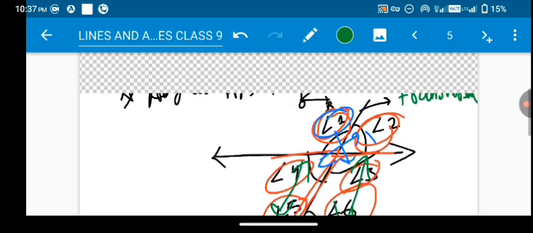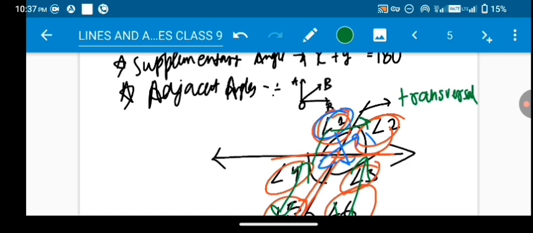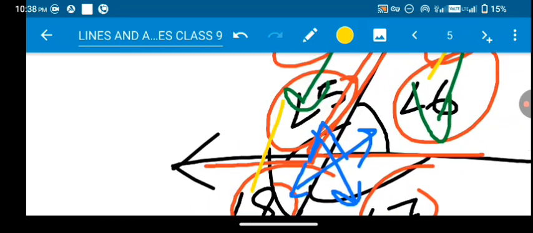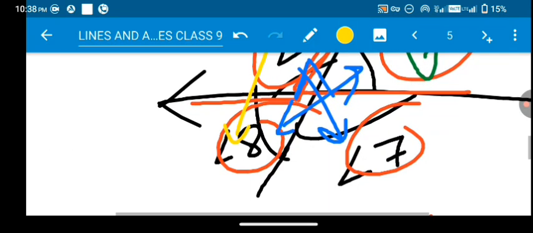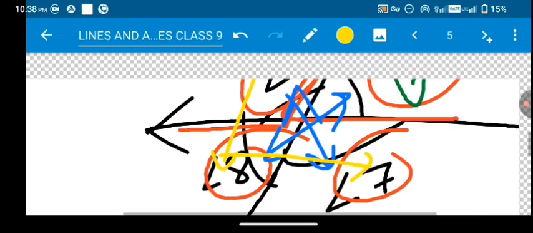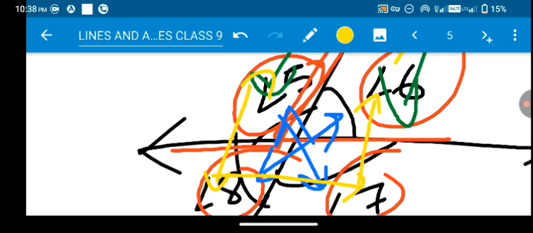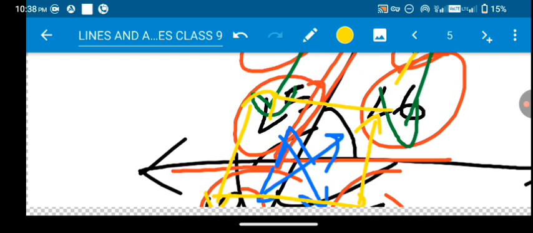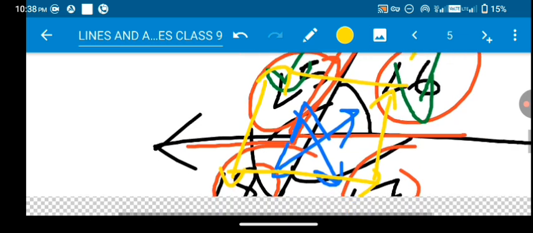Linear pair: angle 1 and angle 2, angle 1 and angle 4, angle 4 and angle 3, and angle 2 and angle 3. Angle 5 and angle 8, angle 8 and angle 7, angle 6 and angle 7, angle 5 and angle 6 are linear pairs.